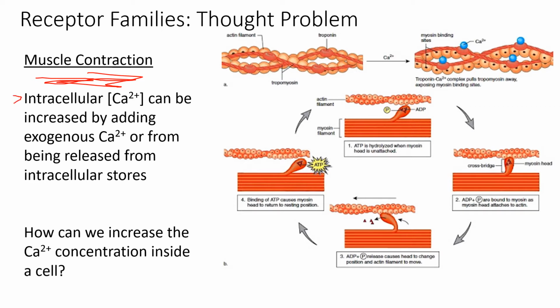And so the intracellular calcium concentration can be increased by adding exogenous calcium, or calcium that is from the outside of the cell, or from being released from intracellular stores like the sarcoplasmic reticulum. I want you to think about how we can increase the calcium concentration inside of the cell while I'm going through these receptor families that I'm going to cover over the next several slides.